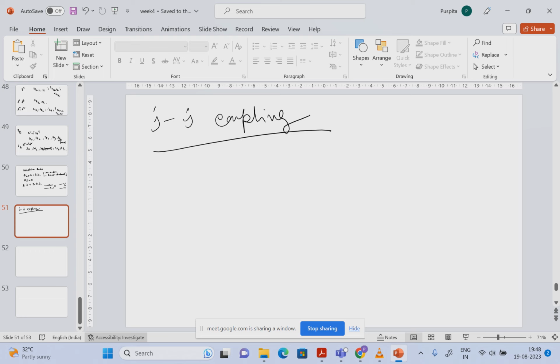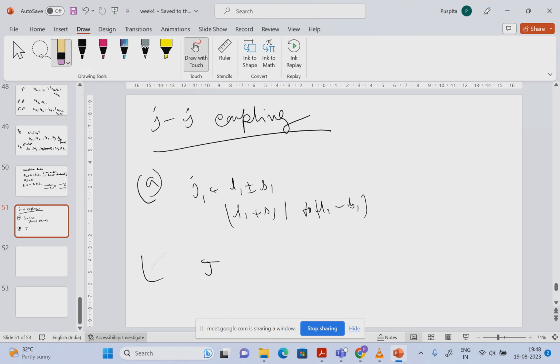For JJ coupling, the rule is to first find small j's, which is l1 plus or minus s1, so from l1 plus s1 to l1 minus s1. Then we get capital J from j1 plus j2 to j1 minus j2.